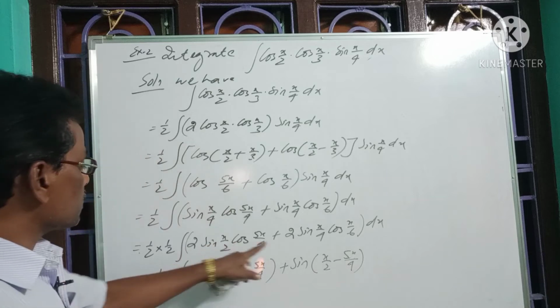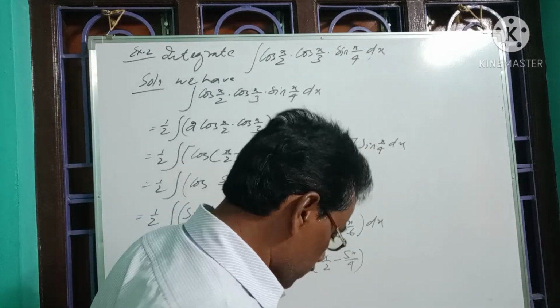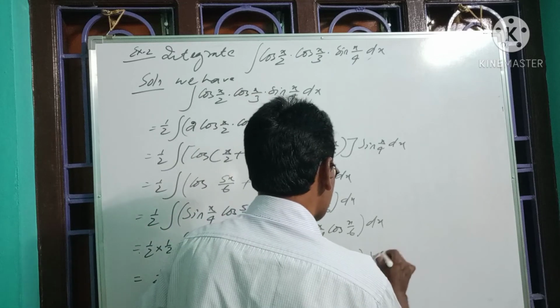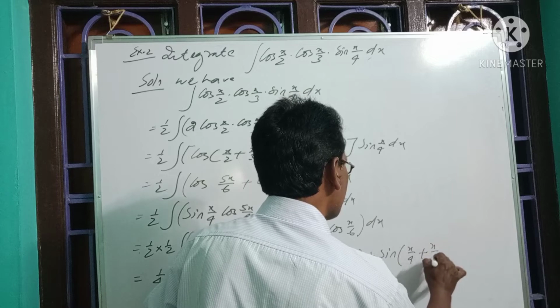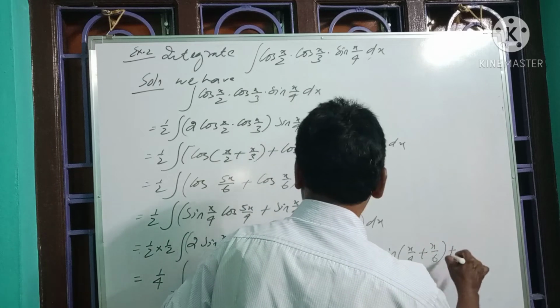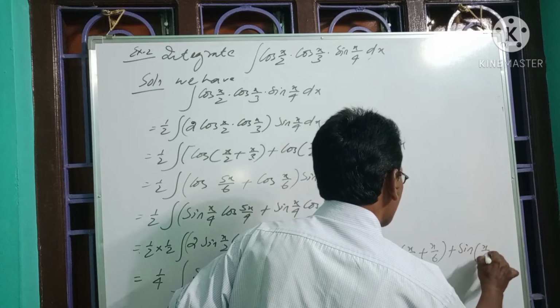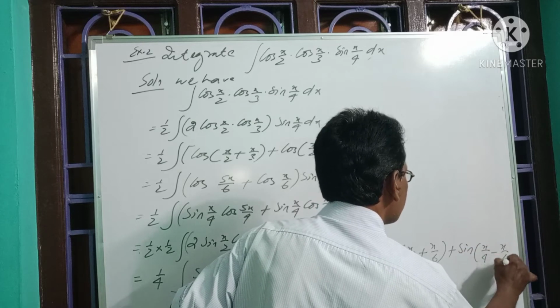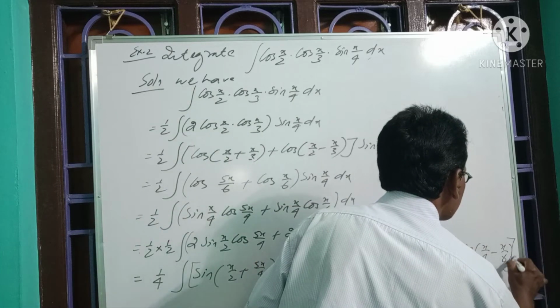So 2 sin a into cos b is sin of a plus b plus sin of a minus b. Again 2 sin into cos b will give us sin of a plus b, that is sin of x by 4 plus x by 6, plus sin of a minus b, that is sin of x by 4 minus x by 6, whole integration with respect to x.